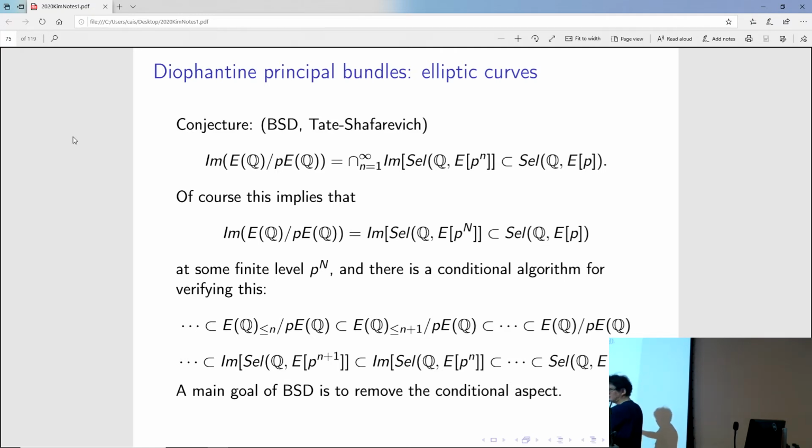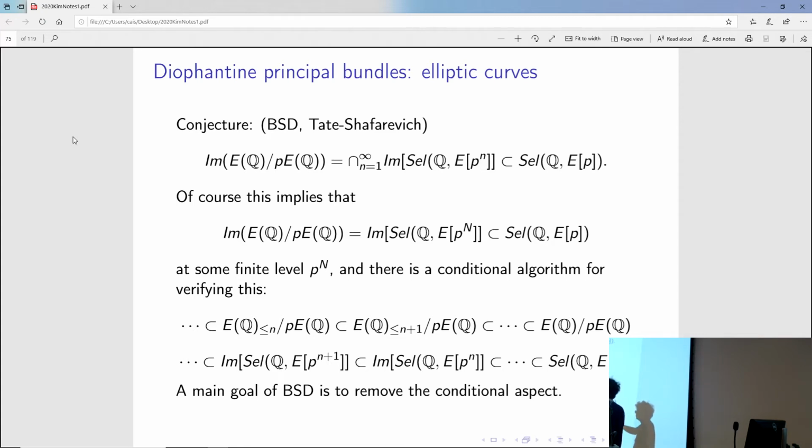This is the kind of thing you'll find in Silverman's book, so I'm just giving you a very brief description. All of these things are effectively computable. So you can start with this and keep trying to decrease the possibility for the image of the Mordell-Weil group by seeing which classes lift mod p^n for larger and larger n. So you keep getting a decreasing sequence of subgroups.